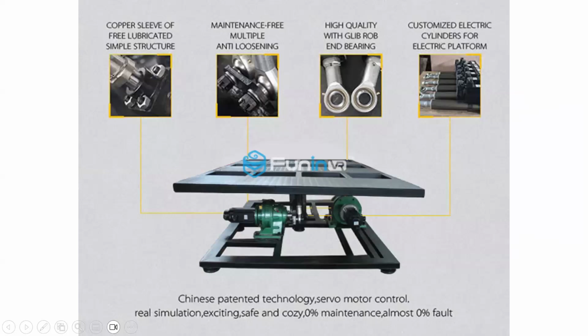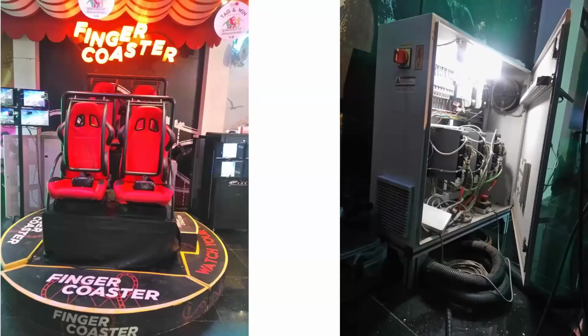For the moving chair hardware, we contacted Fun VR in China. They have provided us this platform. This is a hydraulic one. We got an electric one for rupees 6 lakhs. Then there is a finger coaster somewhere in, I think, Churchgate side.